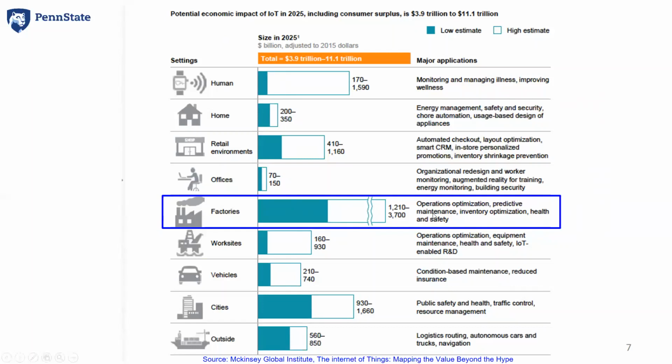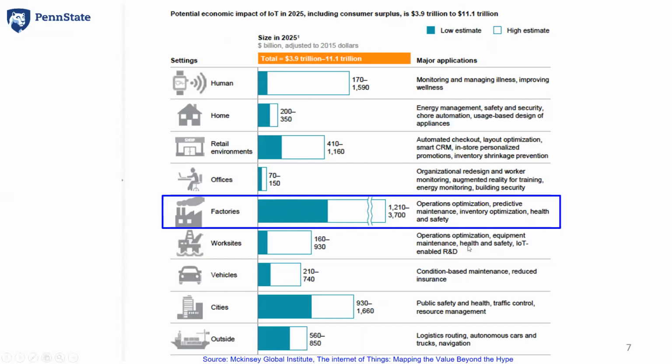Manufacturing is more than factories. We also have the work site, with health and safety of the workers and equipment maintenance. This is reliability engineering in industrial and systems engineering. And we have IoT-enabled R&D. The automotive industry is also part of manufacturing.